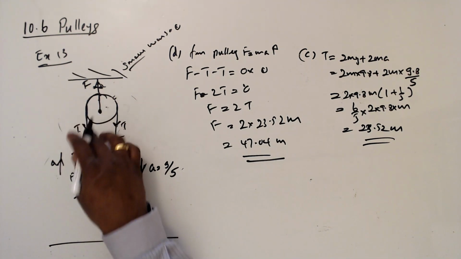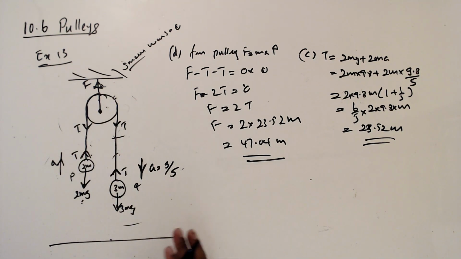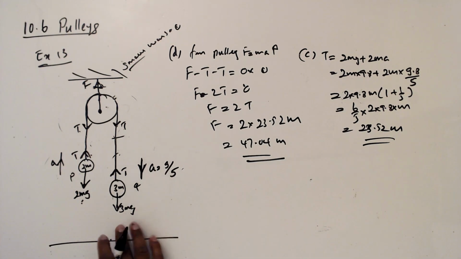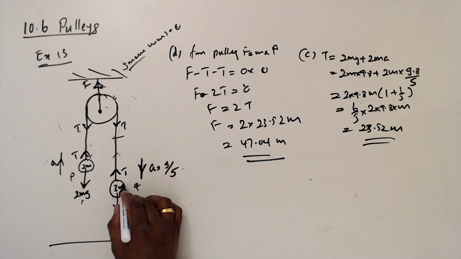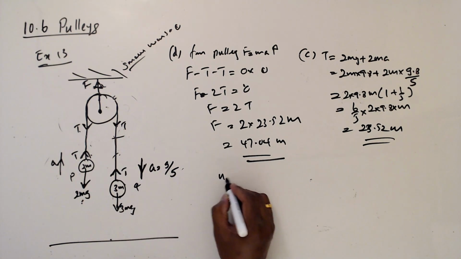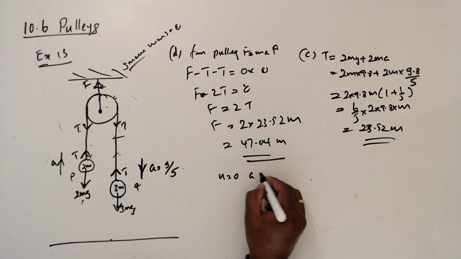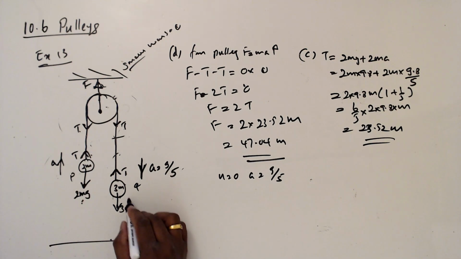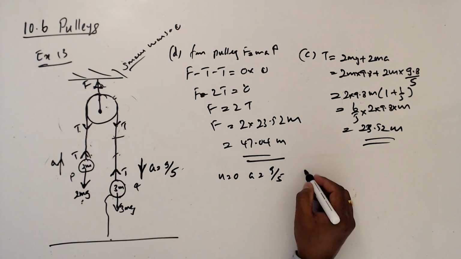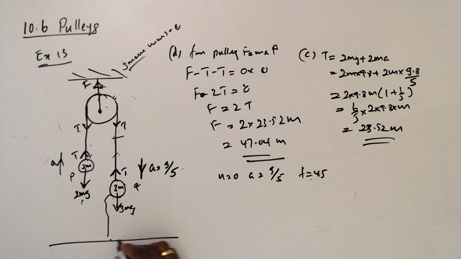So it means this string is long enough, and now we have to start from rest, so u equals 0. Acceleration we know is g over 5, and the time taken t equals 4 seconds. Actually, it doesn't touch the floor in the first 4 seconds. So the floor is still here.